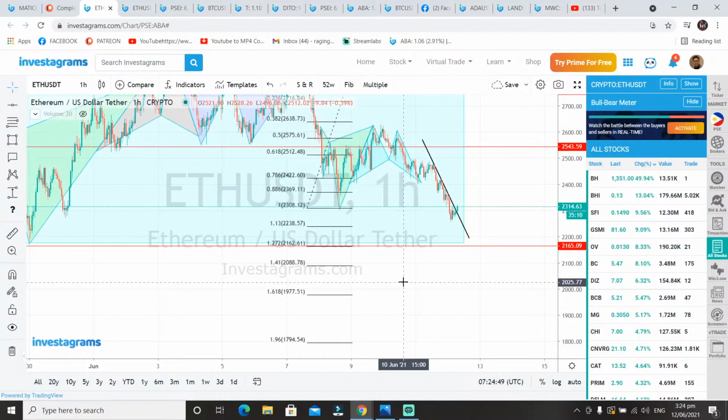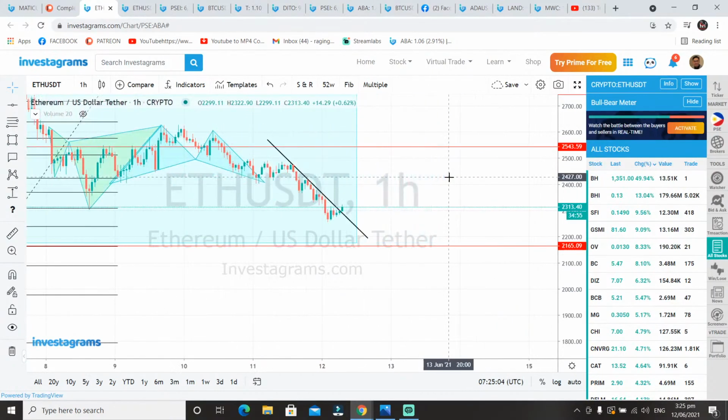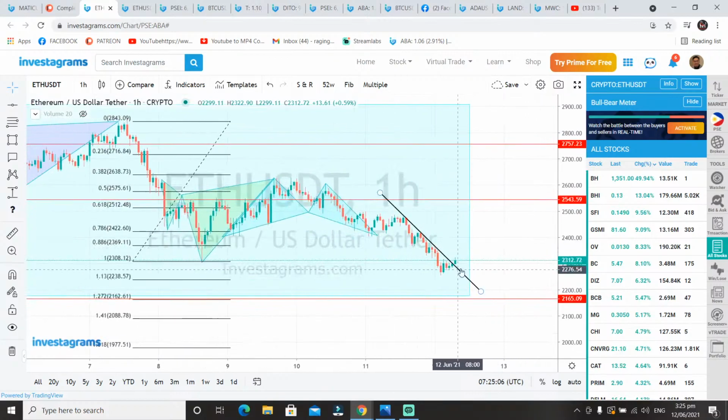Next time, I'll be teaching you bat pattern. I'll be teaching you a long crab pattern or butterfly pattern. Then have samples based on the recent chart movement, price movement. As much as possible, my samples will be more on the recent charts.